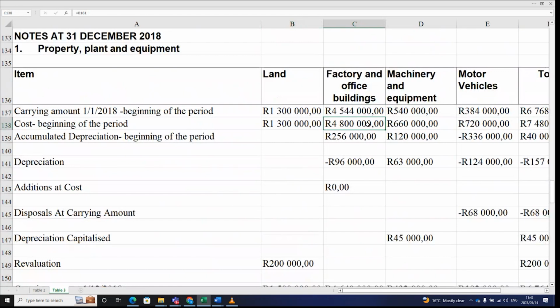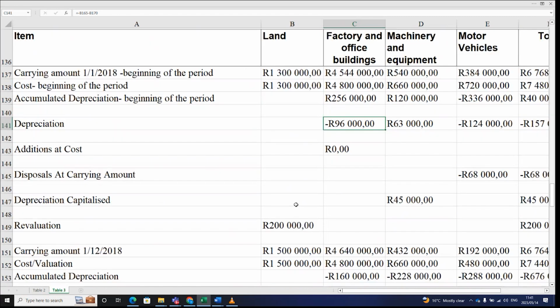I've just pulled through the formulas over here as well. So the cost, which we got from above, then the accumulated depreciation, which is what we got at the beginning of the period, what we worked out at the bottom, then the depreciation for the current year is what we have over here.